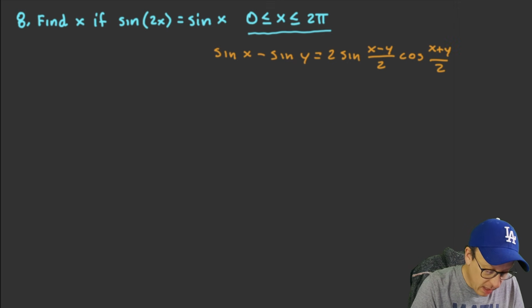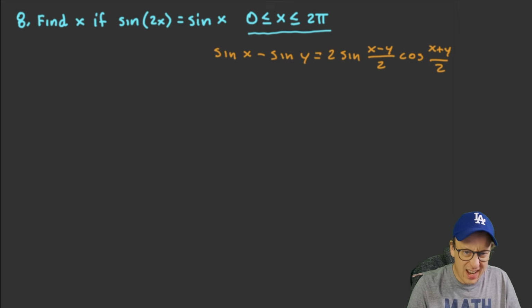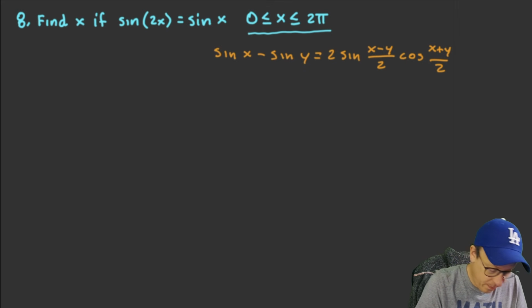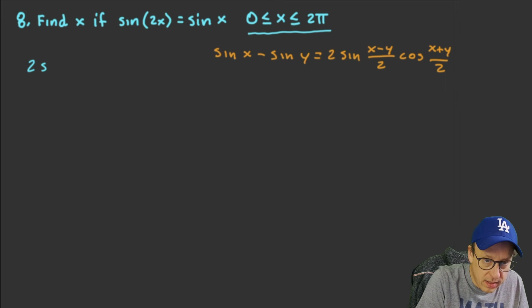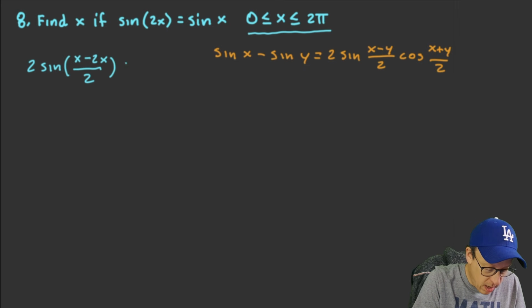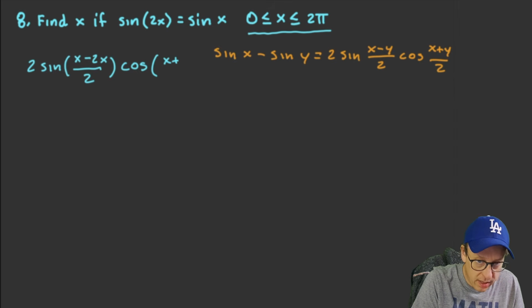Okay? So what I can do with that is I can then take this function that we have here, and I know that this is 2 sine of x minus 2x over 2 times cosine of x plus 2x over 2.